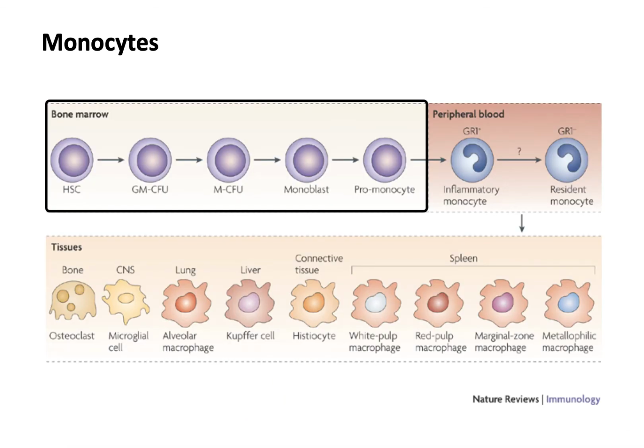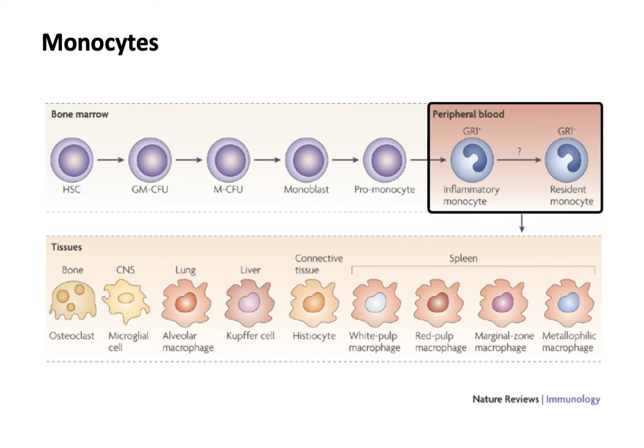Monocytes and their derivatives make up a very diverse set of cells, and they start from these embryonic type cells, including the monoblast and promonocyte, and then eventually in the peripheral bloodstream you have inflammatory monocytes, which of course increase the amount of blood in the area, and then resident monocytes also just sort of hanging out ready for any invading organism that they can attack.